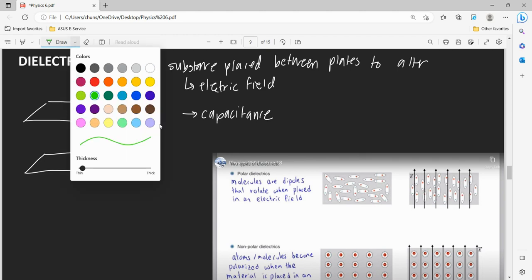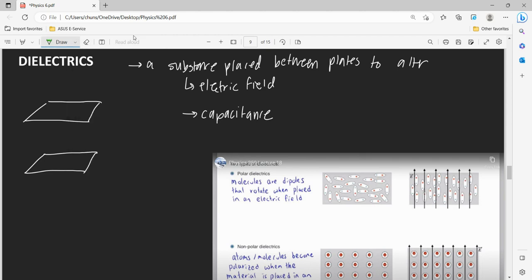So if we were to insert a dielectric in between these two plates, it could change some of the properties that we would expect this capacitor to have.